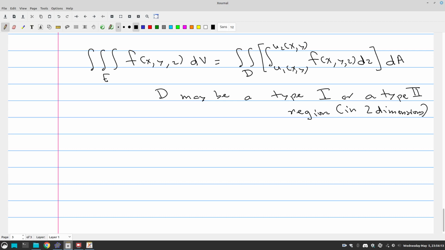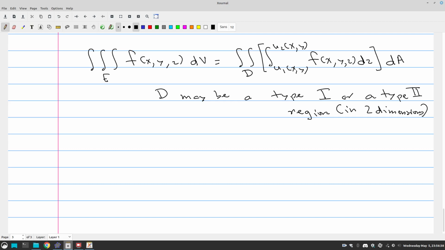Now recall that when we're dealing with 2 dimensions, a type 1 region is where y is placed between 2 functions of x, and a type 2 region is where x is placed between 2 functions of y.